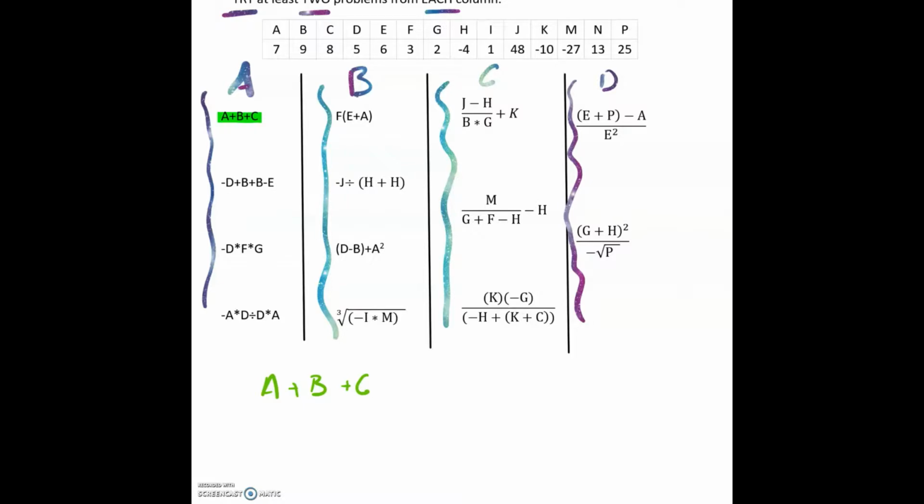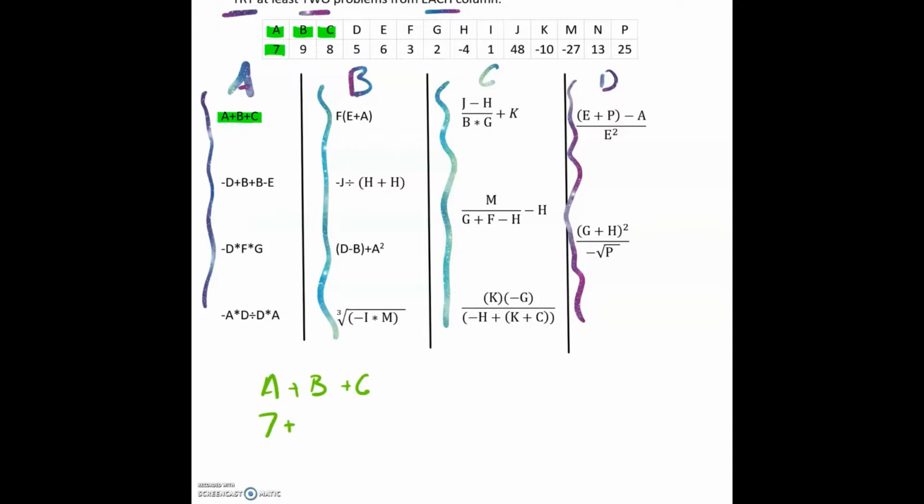Well, if you look up here at the top, notice there's an A, and there's a B, and there's a C, and underneath it tells me that there's a number. So A is 7. So I'm going to come down here, underneath where I just wrote my A plus B plus C, and I'm going to write 7 plus.